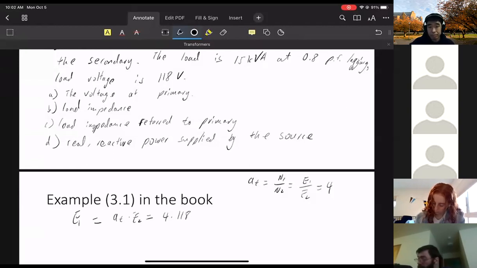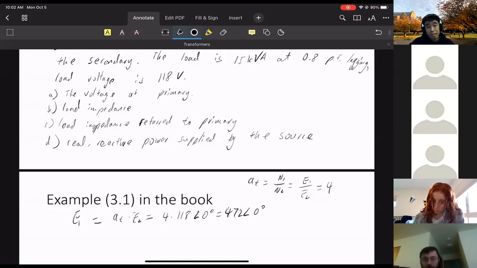But we may as well assume the voltage is the reference, angle 0 degrees. So what we have is 472 angle 0 degrees. That's our voltage.